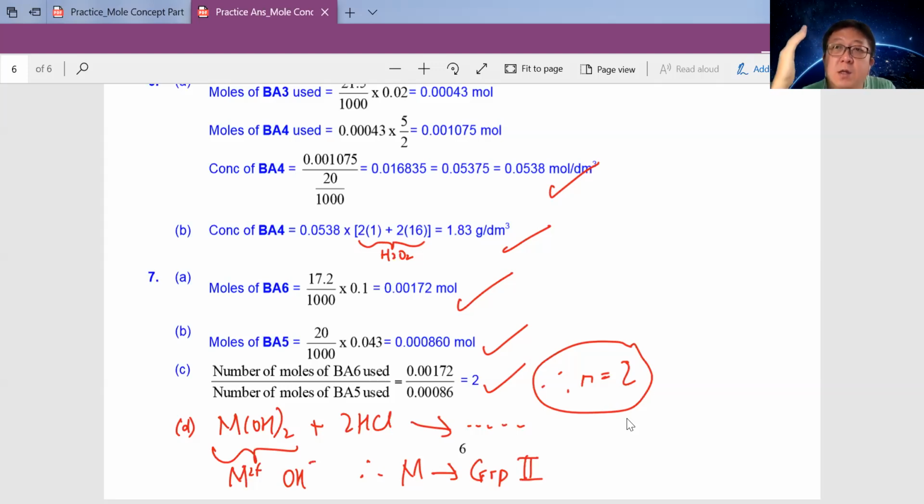You know N, you should know M. Logical, right? N is 2. Then you look at the formula, you must be able to deduce M is in group 2. So you give any one of them, magnesium, calcium, anything can.